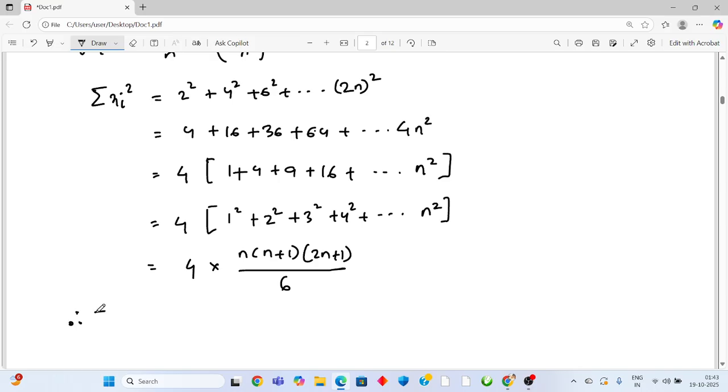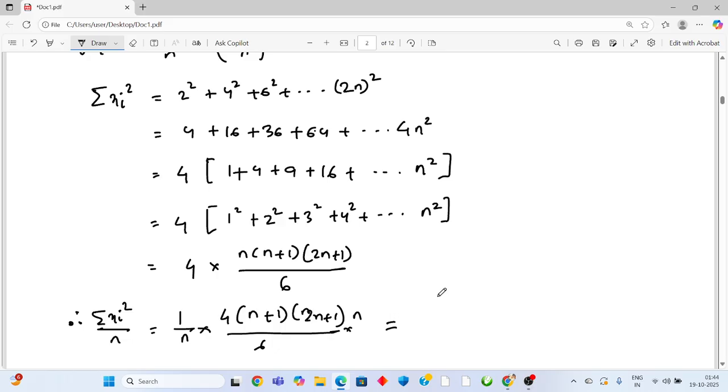Therefore, summation xi square by n will be 1 by n into n into (n plus 1)(2n plus 1) divided by 6, and we have one n over here, which again will get cancelled out.